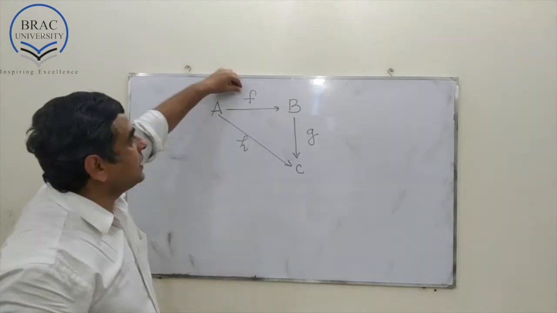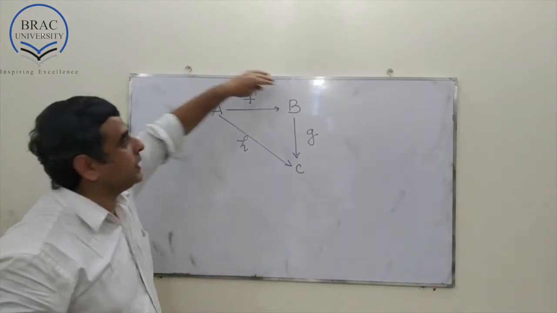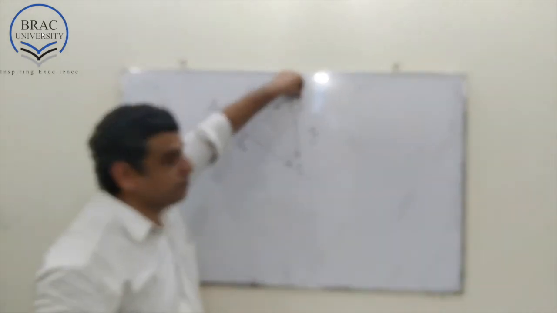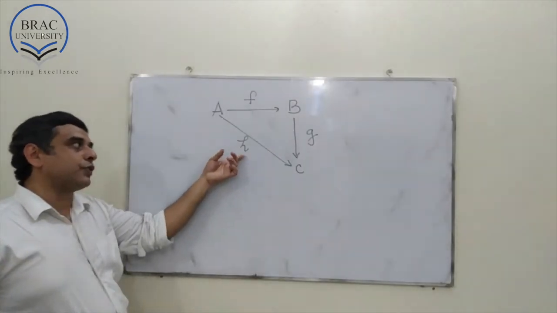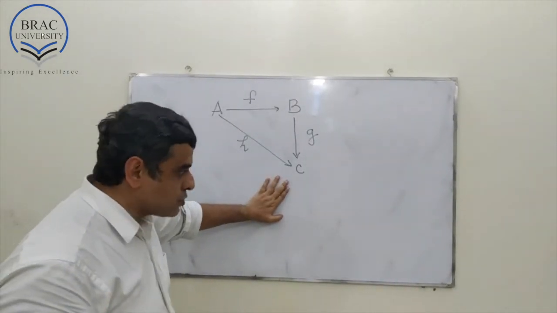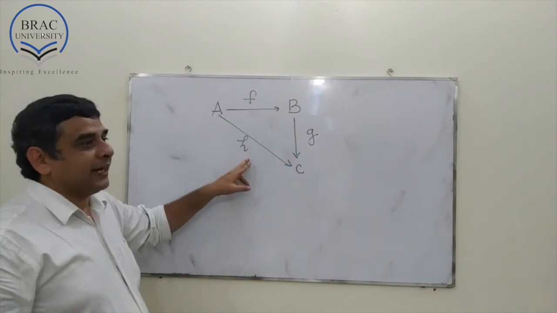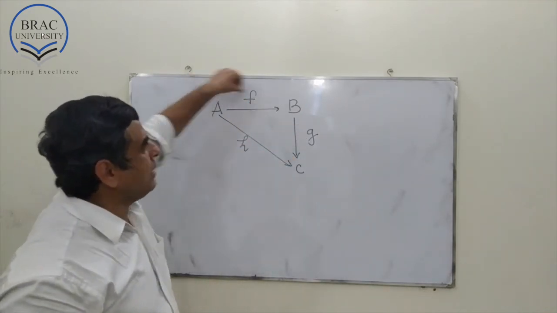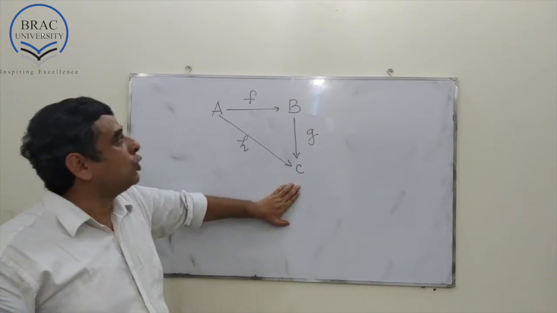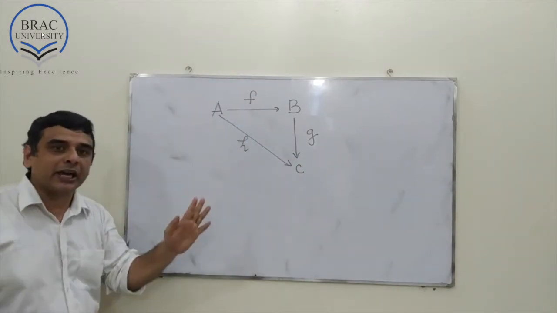Meaning that F is a function from the set A to B, G is a function from the set B to C, and H is a function from the set A to C. So if F, G, and H are functions, and A, B, and C are sets, we call this picture a diagram.